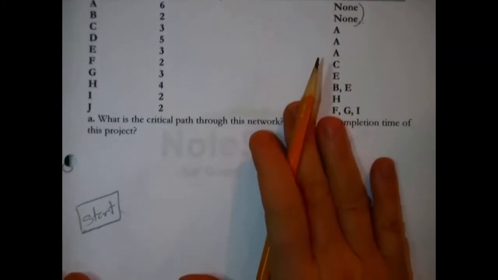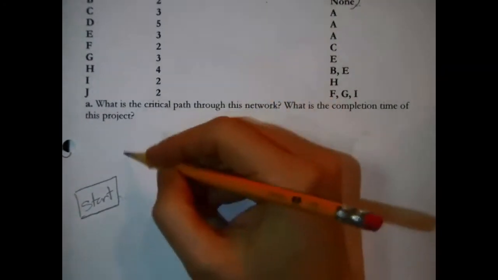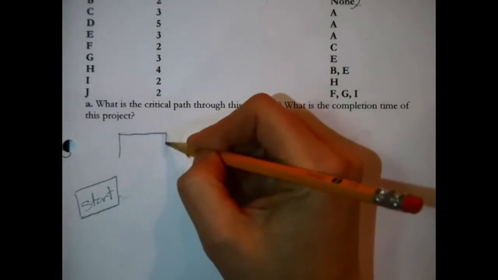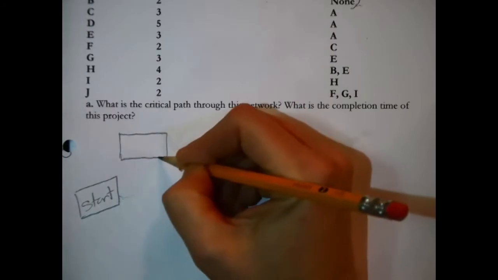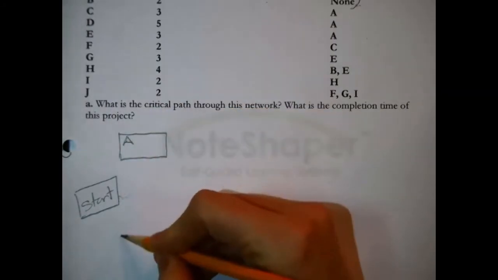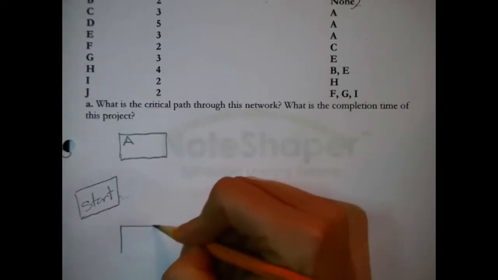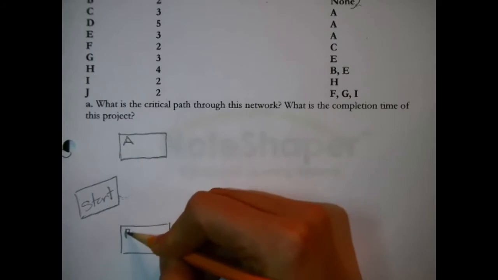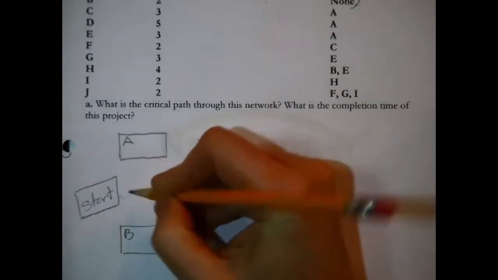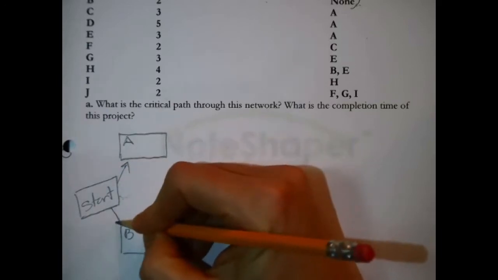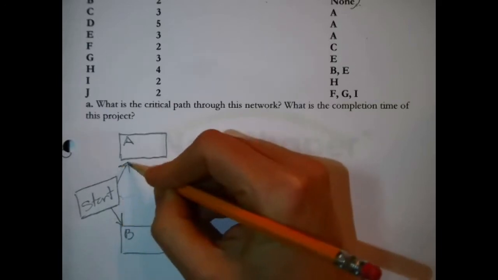Okay, so let me scoot down here and draw a node, if you will, a symbol that represents task A, and then one likewise that represents task B, and connect. From the start, you may proceed to either of these 2 tasks.